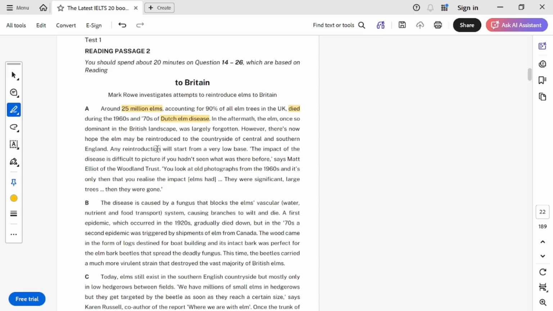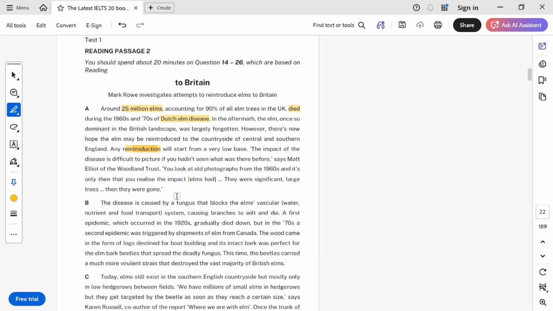It talks about reintroduction. So the main ideas in paragraph A: first, millions of trees died; elm trees were important; and there is a hope of reintroduction.